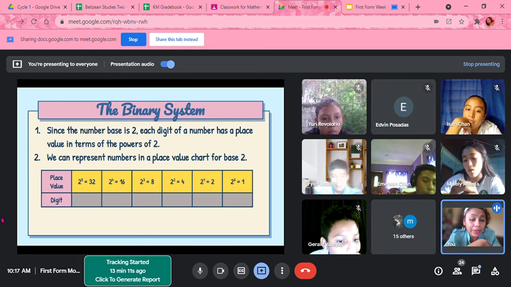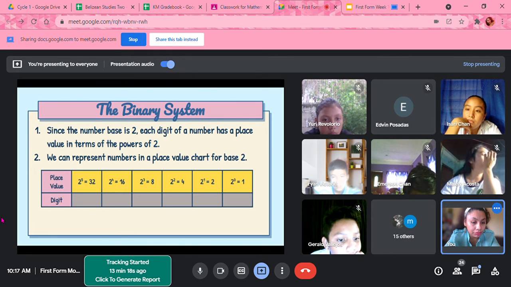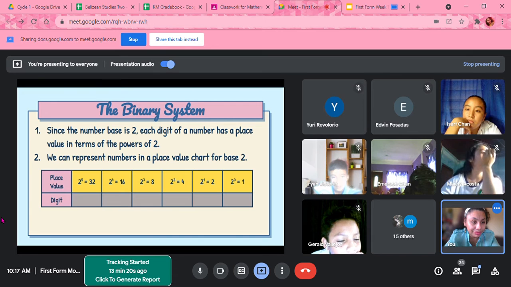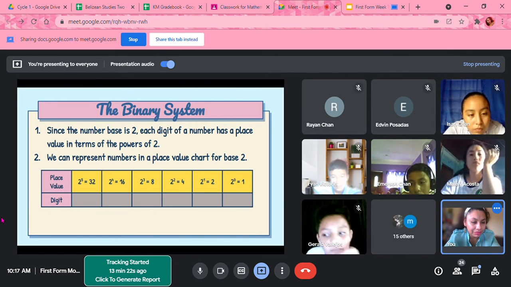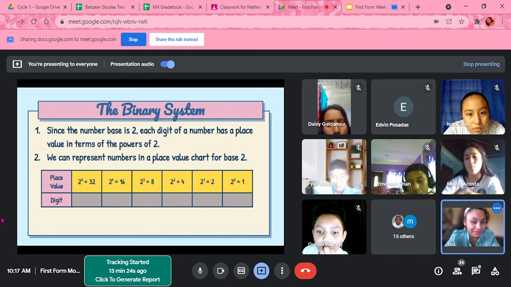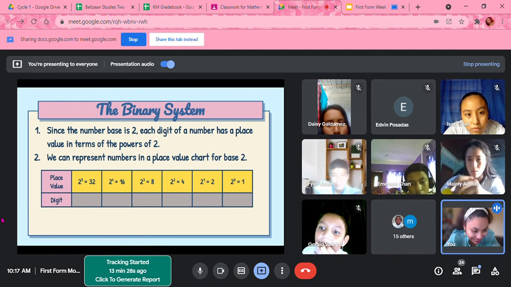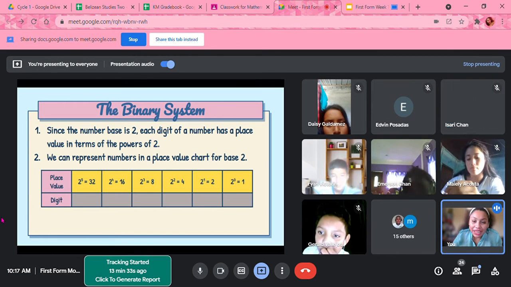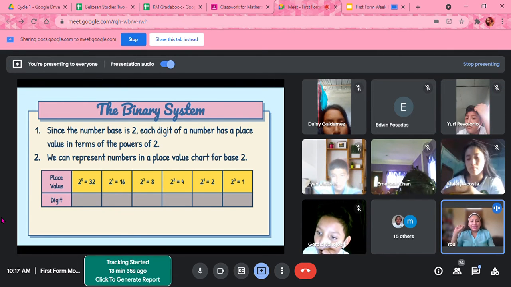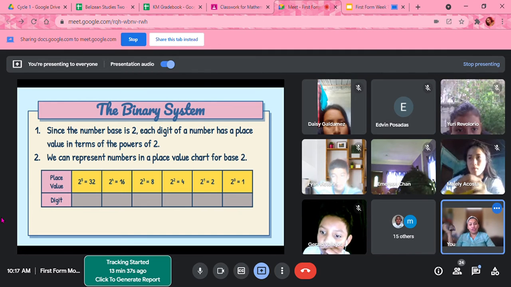This one has powers of 2. Why does it have powers of 2? Because it's the binary system, because it is base 2. It's right there. Since the number base is 2, the powers have to be 2.